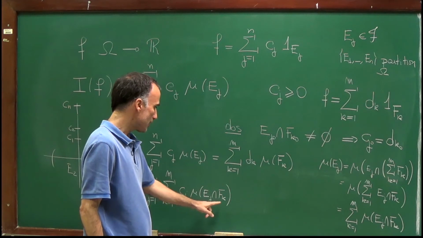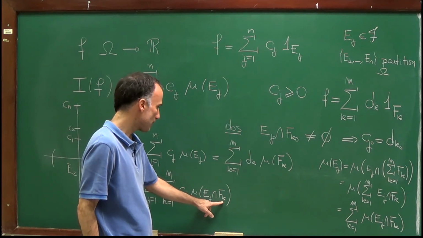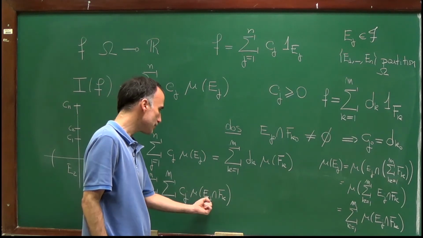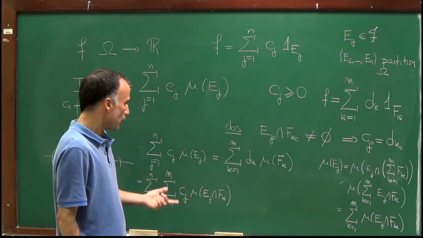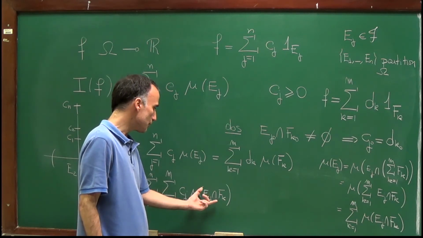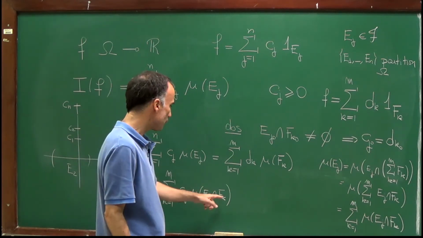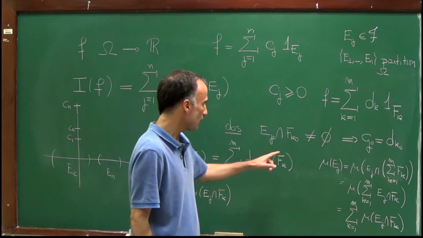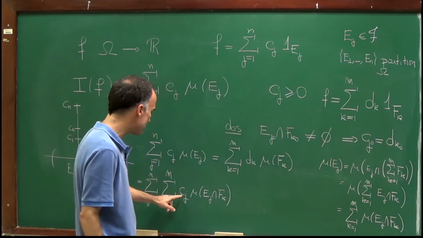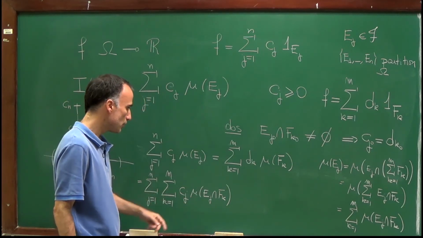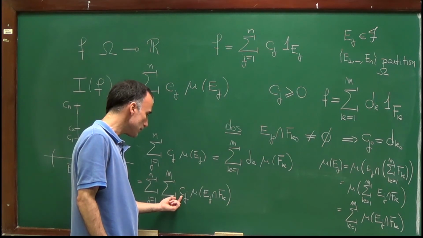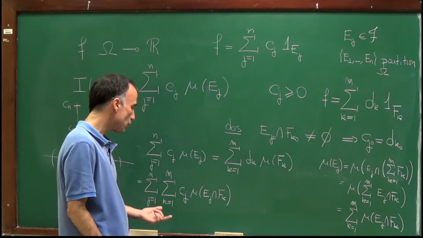either Ej intersection Fk is empty. If Ej intersection Fk is empty, the measure of the empty set is 0. Or Ej intersection Fk is not empty. In this case, this means that Cj is equal to dk. So I can replace here Cj by dk. So the conclusion is that I can always replace Cj by dk. Why?